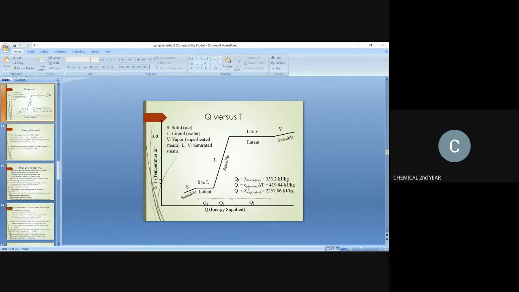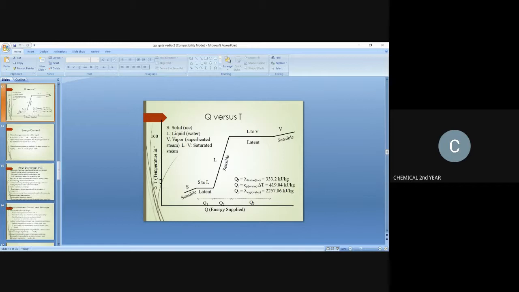Here, Q1 is equal to lambda of fusion, that is ice, which is equal to 333.2 kilojoule per kilogram. Next, Q2 is equal to Cp, specific heat of water, times del T, which equals 419.04 kilojoule per kilogram.